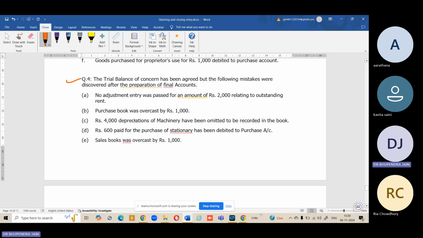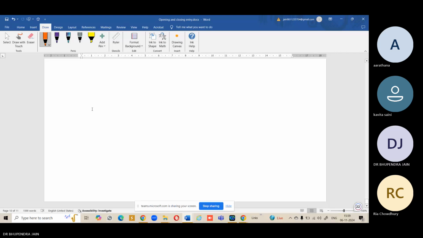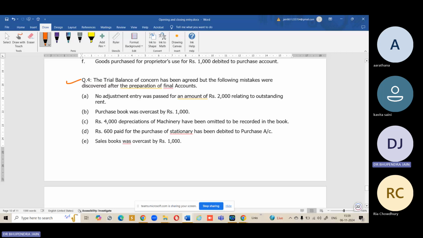The trial balance of a concern has been agreed, but the following mistakes were discovered after the preparation of final accounts. Whenever the trial balance is agreed, definitely the totals of the final accounts will always be matched. But after preparation of the final accounts, we find some mistakes.